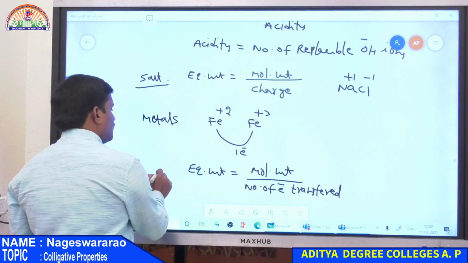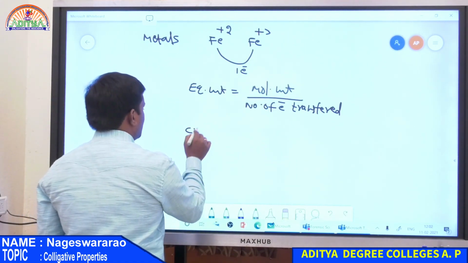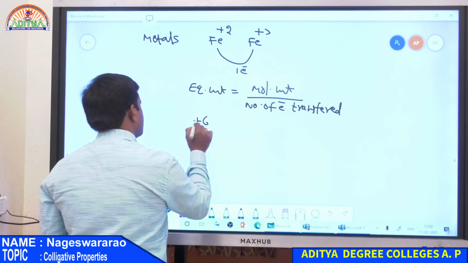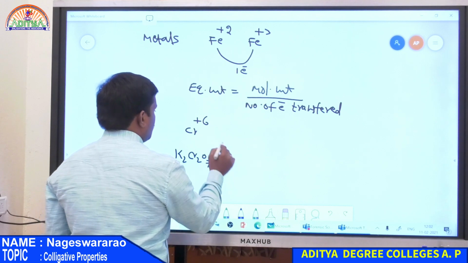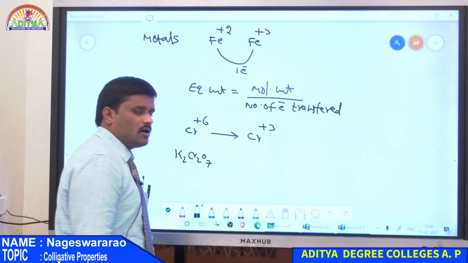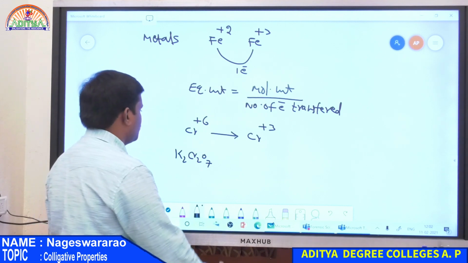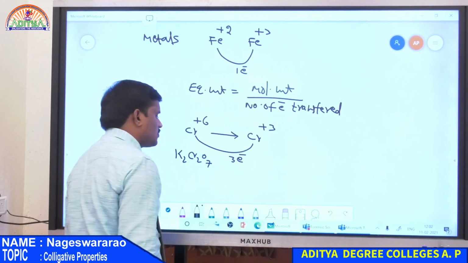If our given metal is chromium, chromium exists in the +6 state in the case of dichromate, whereas it has a +3 oxidation state as the stable one. Therefore there is a transfer of 3 electrons for each chromium atom.